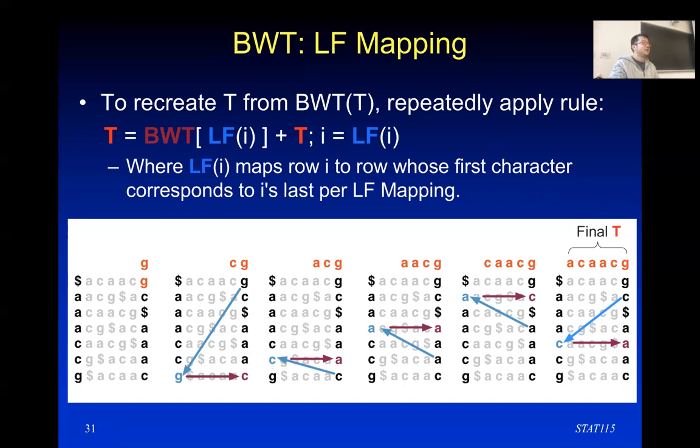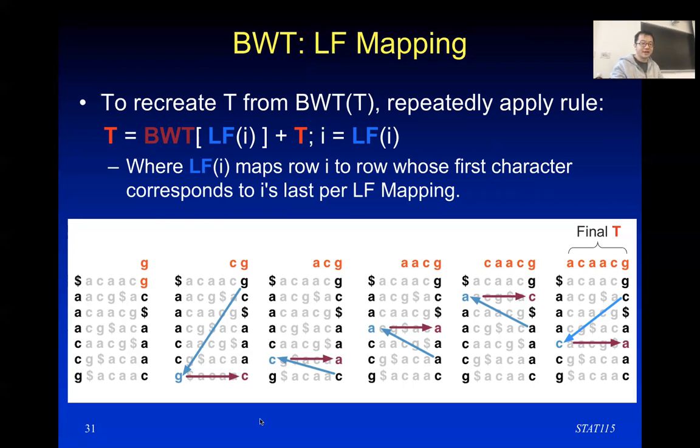Yeah. So also I forgot to mention that when we do the LF mapping, since the first column is already sorted, all A's come together, and all C's come together. So we can just represent the first column by 4 integers, which say all the A's start at that position, and all the C's start from that position.